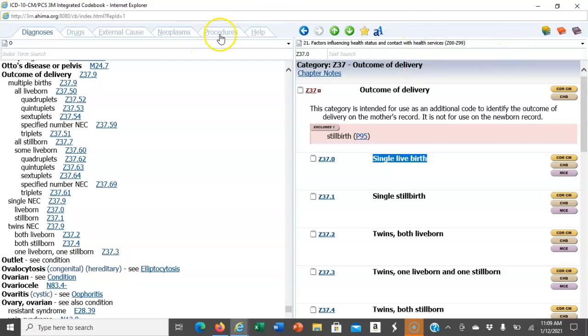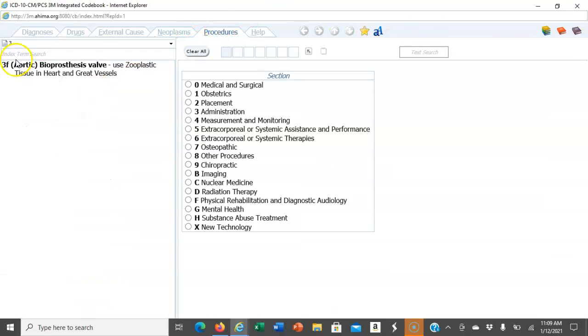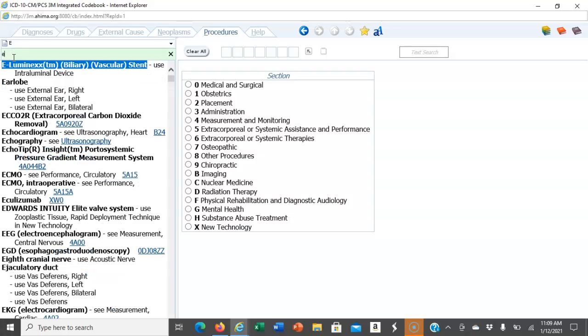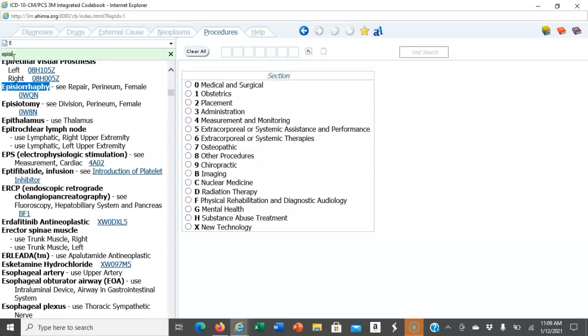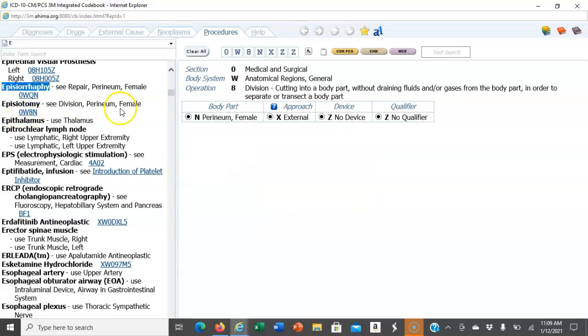And so the next thing we want to look at is, we need to go to the procedure tab. And this patient had an episiotomy. Now, I want you to notice that this code for episiotomy is coming from medical surgical. It is not coming from obstetrics because this procedure was performed on the mother.